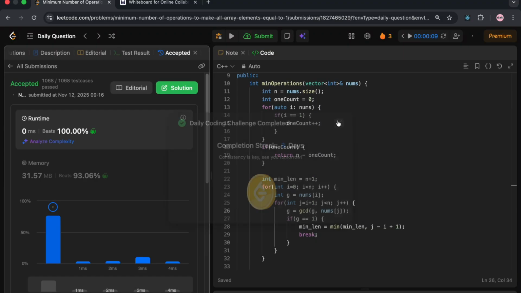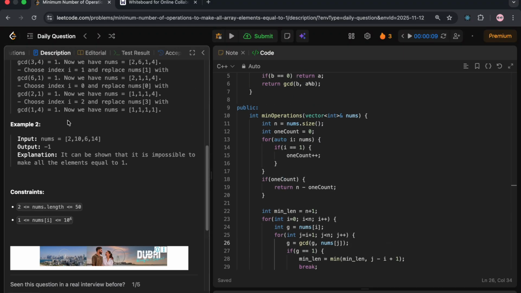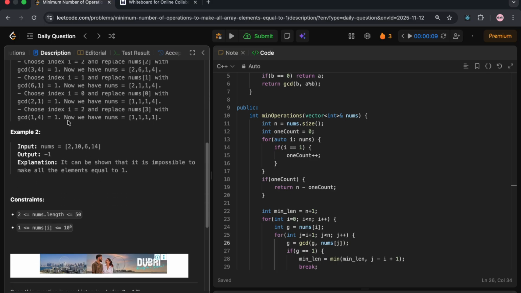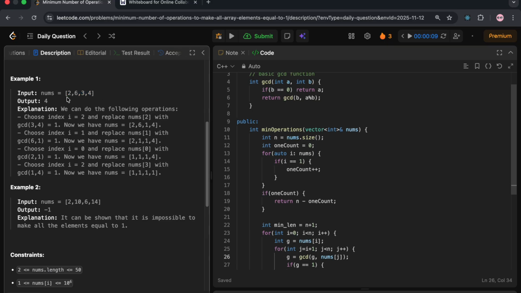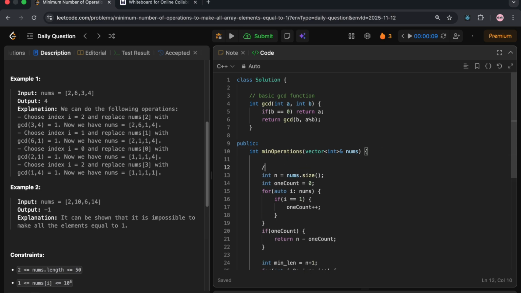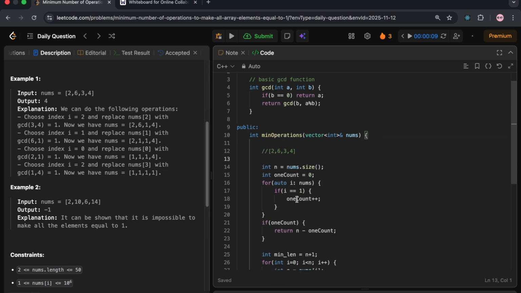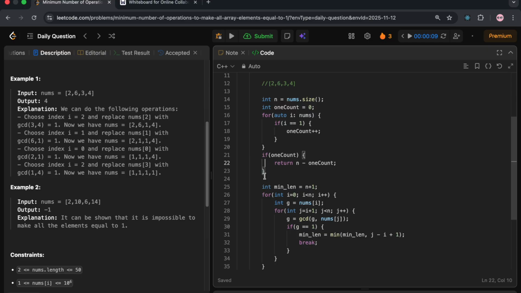Great. So now we have analyzed the problem, and we can demonstrate it with a dry run. For example, let's dry run with this. We will first count the ones, there is no 1, so we will move forward, right?